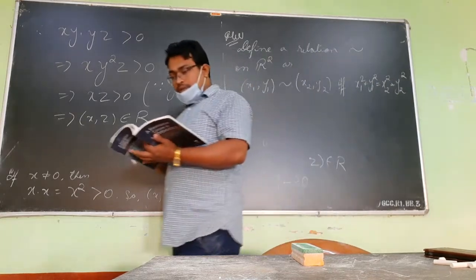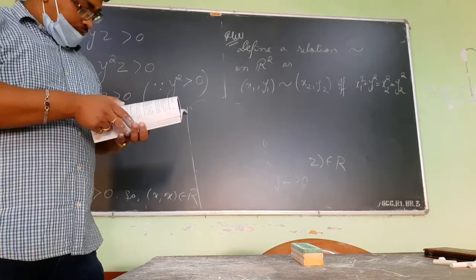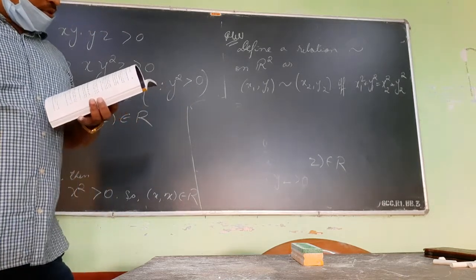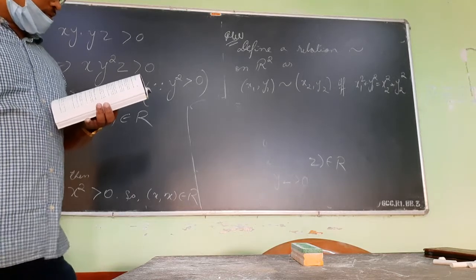These two are related if x1 square plus y1 square is equal to x2 square plus y2 square.